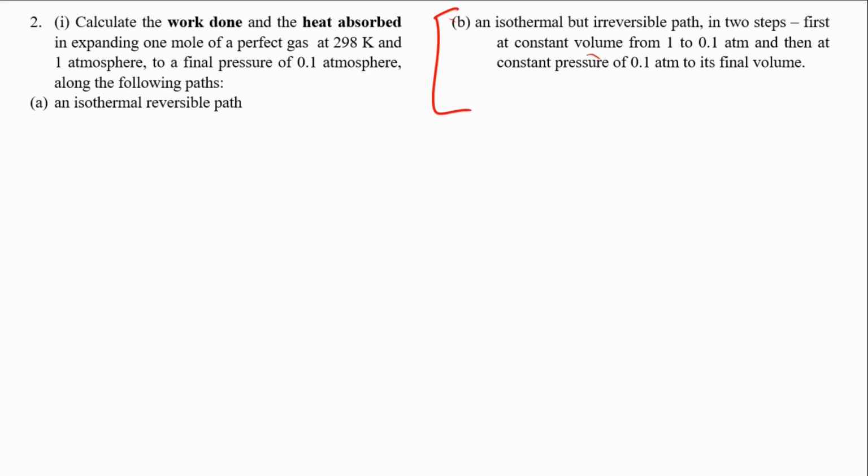to its final volume. Now, you are not asked to sketch a PV chart, but we'll just do that for understanding, okay? So, we have a pressure of 1 atmosphere.